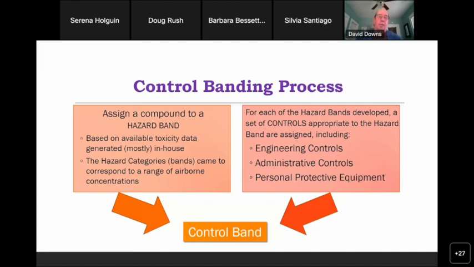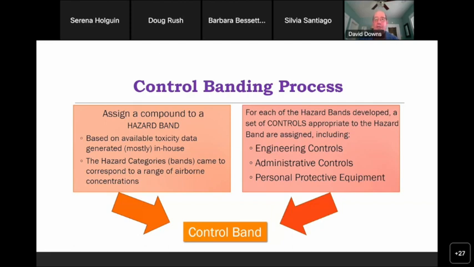So whatever available data we had, we would put that material into a particular hazard band to correspond to a range of airborne concentrations. And we'll talk more about this, but in almost all cases, what we're talking about here is looking at the respiratory exposure route as the approach that we're trying to control.